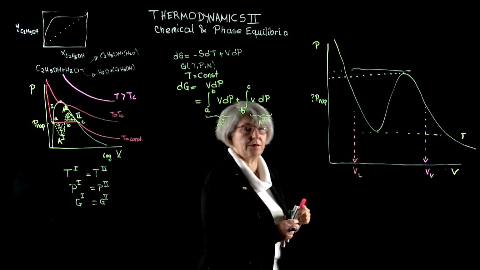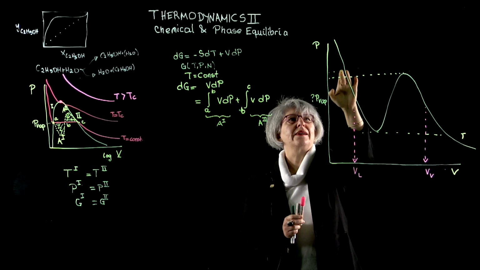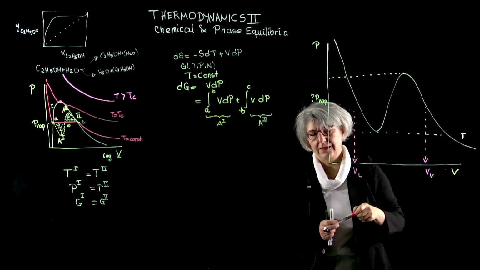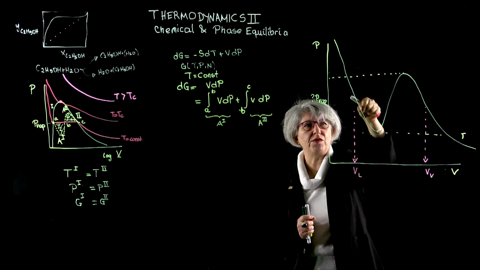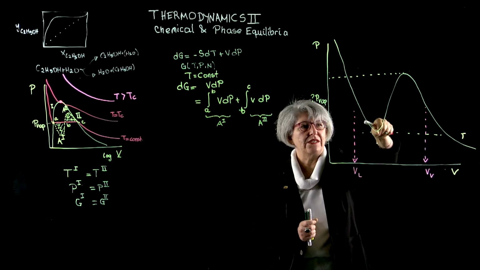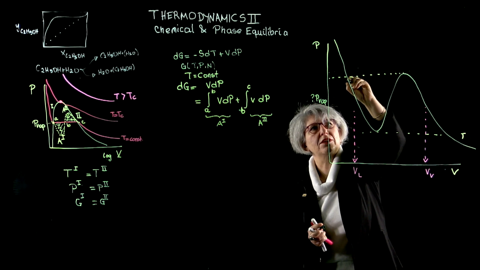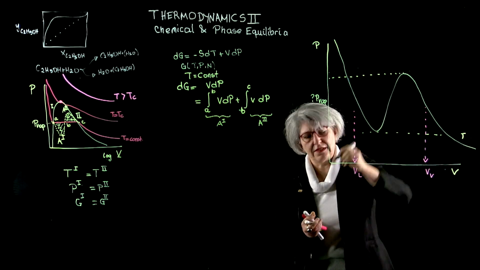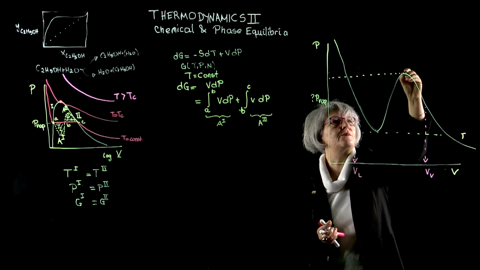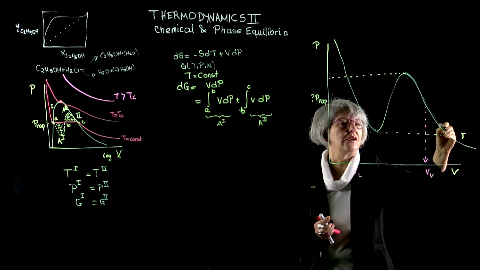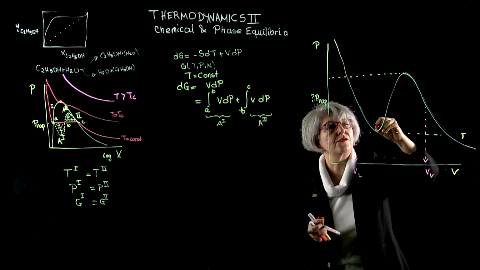And equality of the Gibbs free energies has to be satisfied by the condition that we are going to have a point on this branch of the curve, and on this branch of the curve, but not on that branch of the curve.